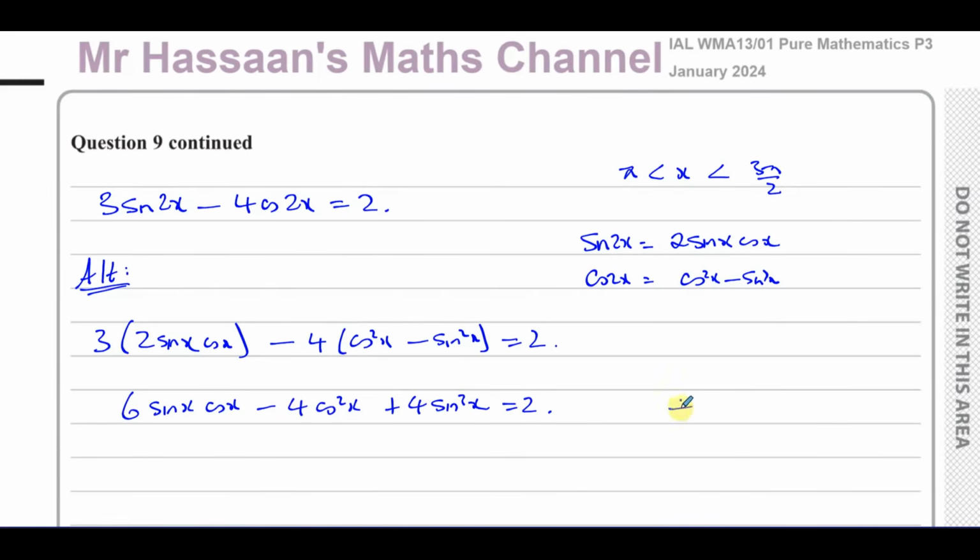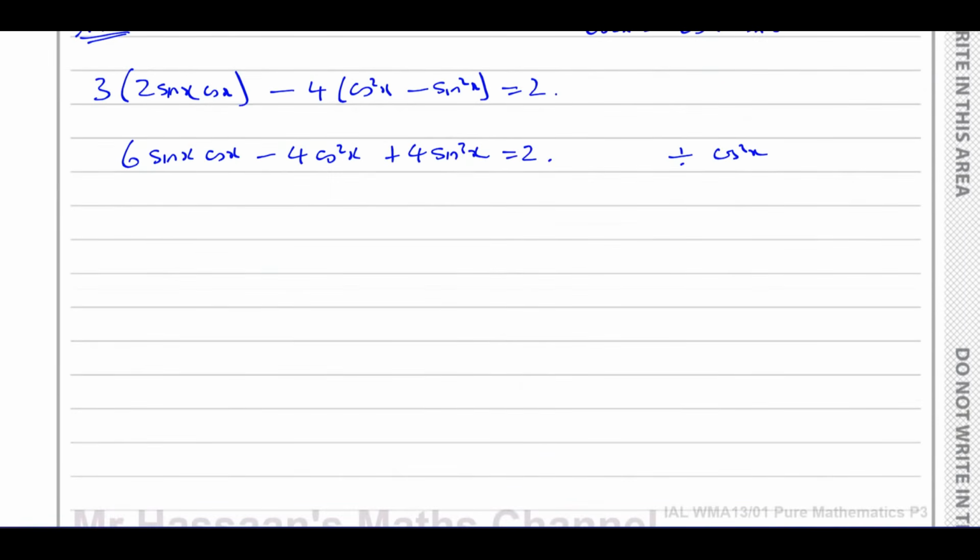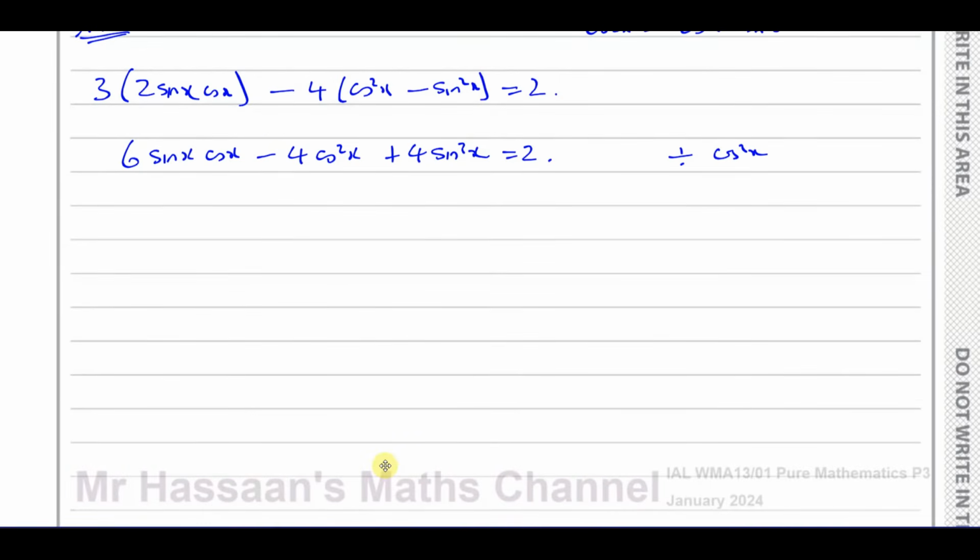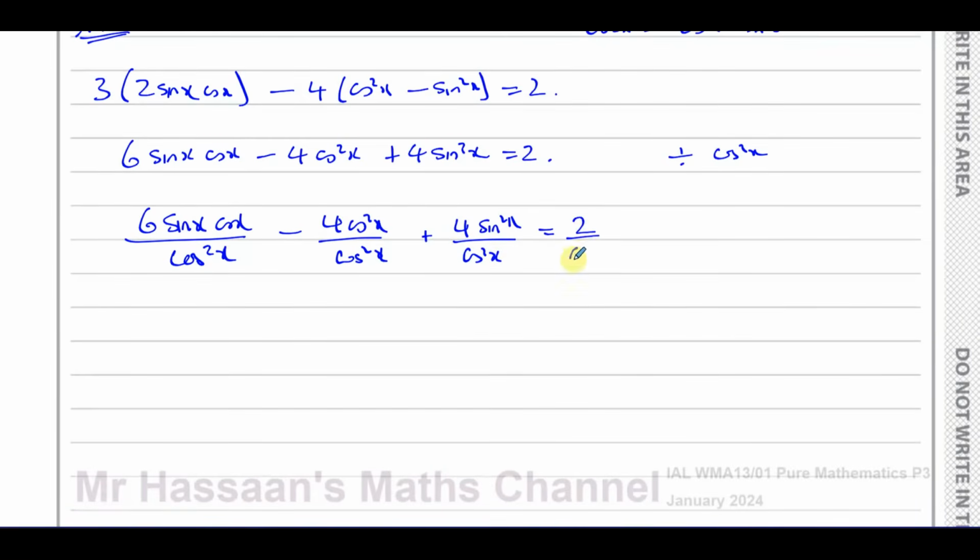If I divided everything by cosine squared x, in order to use the identity that tan x is sine x over cosine x, I have 6 sine x cosine x divided by cosine squared x minus 4 cosine squared x divided by cosine squared x plus 4 sine squared x divided by cosine squared x equals 2 divided by cosine squared x.